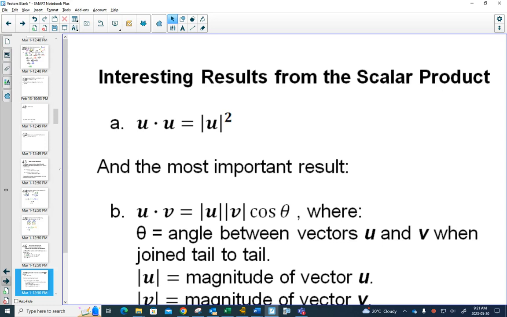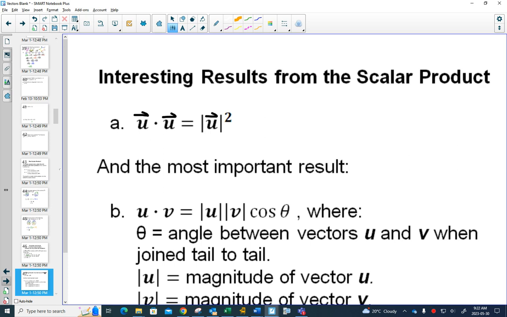If you do the dot product of something with itself, you will always get the length of that vector squared. This is actually quite easy to see.